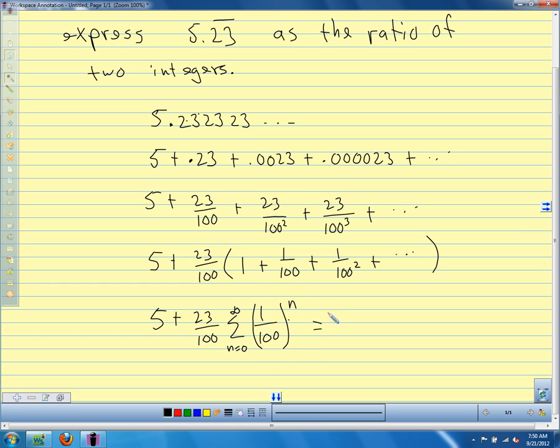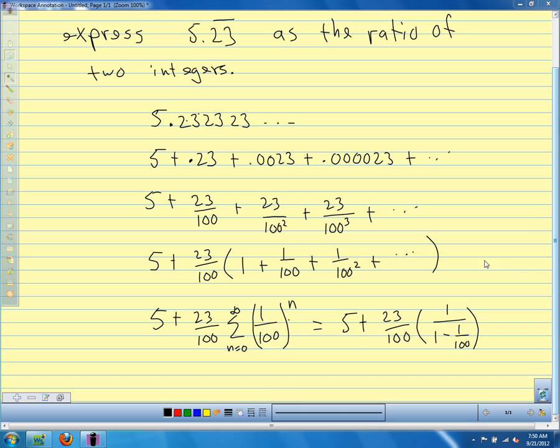And we know this is a geometric series. The common ratio, the absolute value is less than 1, so we know it converges. So this is 5 plus 23 over 100 times 1 over 1 minus r.